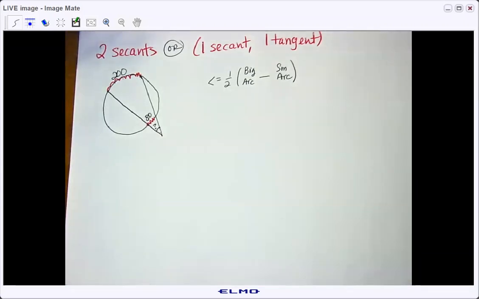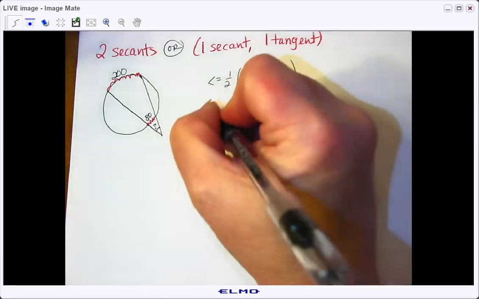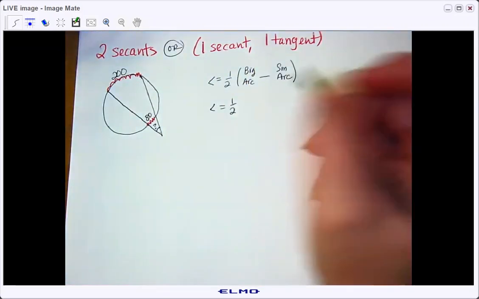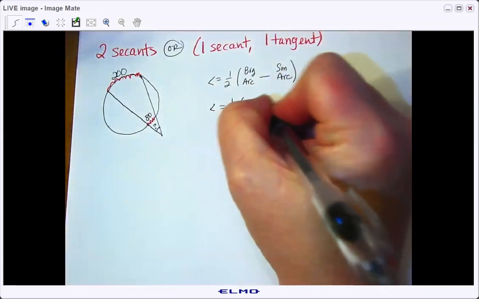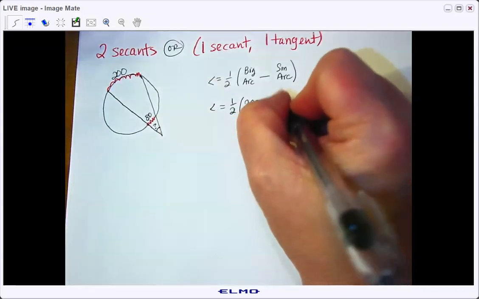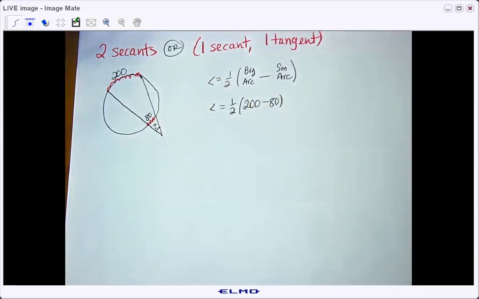So if we fill these in, our angle is equal to 1/2. The bigger arc is a bigger number. So 200 minus the smaller arc, which is 80. And go ahead and simplify.